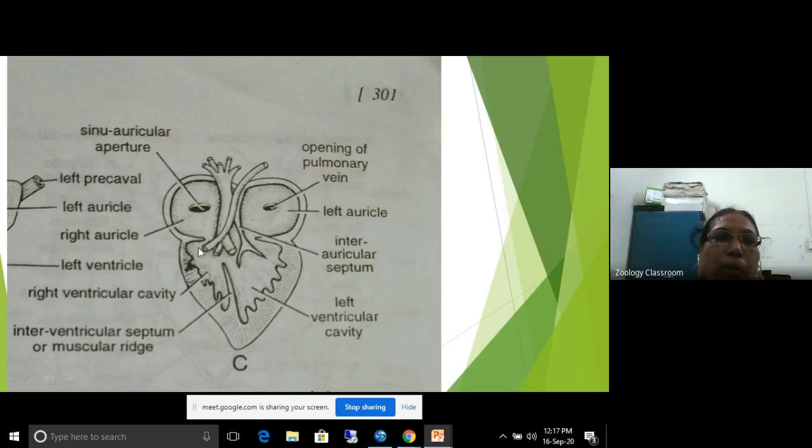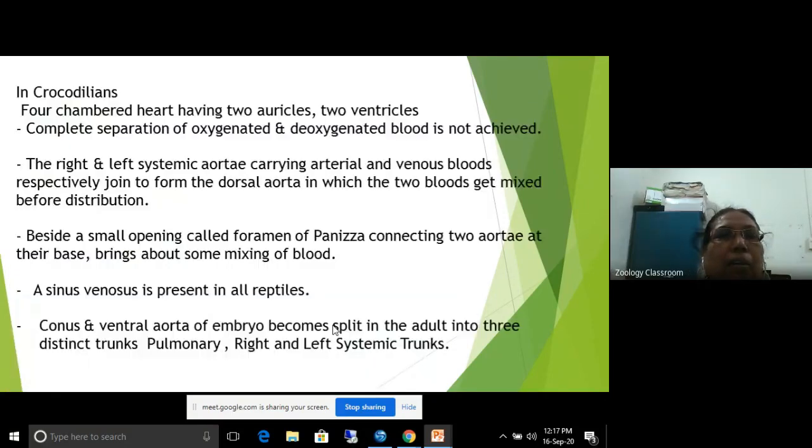The pulmonary aorta, from the right side of the ventricle, collects impure blood and transfers it towards the lung for purification. The left aorta collects pure blood along with some impure blood, and this systemic aorta supplies mixed blood to all body parts. So this is the lizard heart.